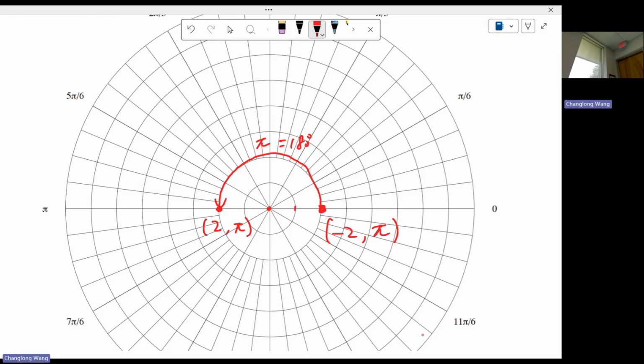Or let's say you expect a positive distance, but then you realize you're probably at a negative distance. All you have to do is find that point with the positive distance, then reflect it off the pole, right? And reflecting off the pole is basically turning either this way or that way by 180 degrees.